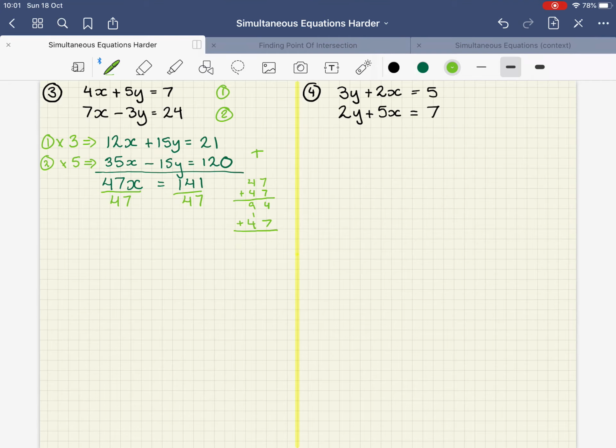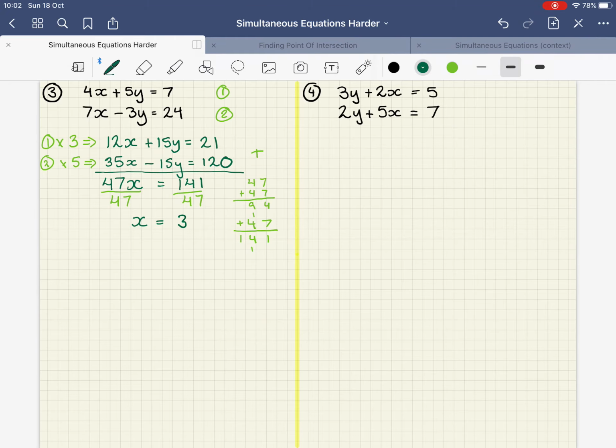So 47 goes in 1, 2, 3 times. So that means x equals 3.